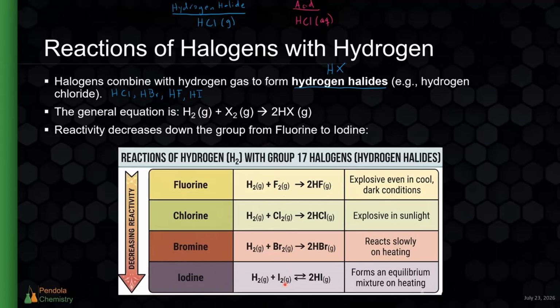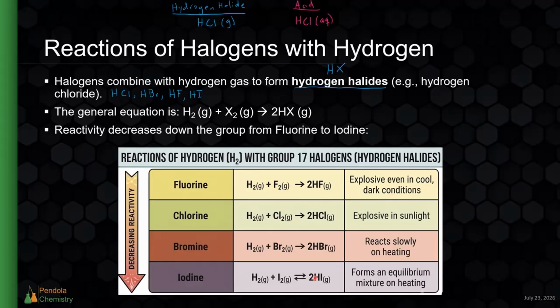So for bromine and iodine, we have vaporized, or evaporated, these elements into the gas form before the reaction happens. When this reaction happens, the hydrogen and the halogen atoms are going to form a single covalent bond and create the hydrogen halide: hydrogen fluoride, hydrogen chloride, hydrogen bromide, or hydrogen iodide.